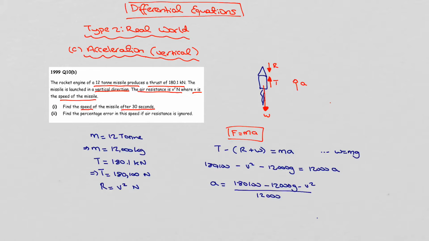And if I simplify that, that gives me 62,500 minus v squared over 12,000. Okay, so now I have my acceleration equation. I'm ready to start my integration. So I'm looking for the speed of the missile after 30 seconds. So velocity and time are going to be my start and end limits.